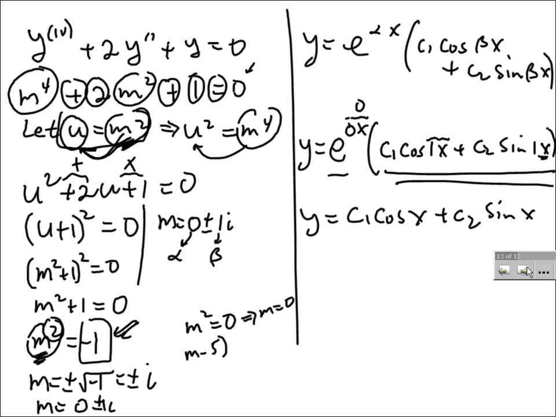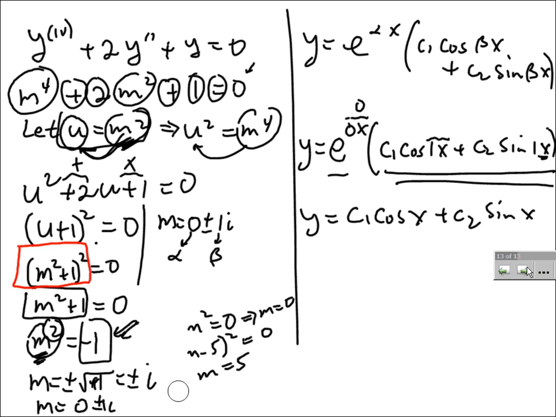If it said m minus 5 squared was 0, then m would be 5 with multiplicity 2. But it doesn't say that this equation is being raised to any power to get 0. Oops. Yes, it does. It says it right here, which means it has multiplicity of 2.